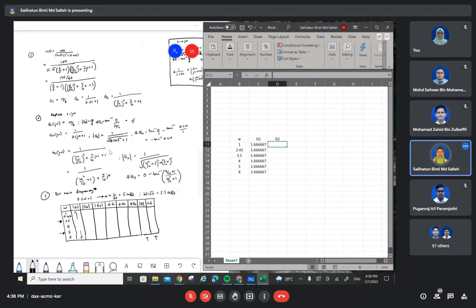What is the formula for G2? G2 is magnitude 1 divided by square root of 0.2 omega times this one, plus 1.